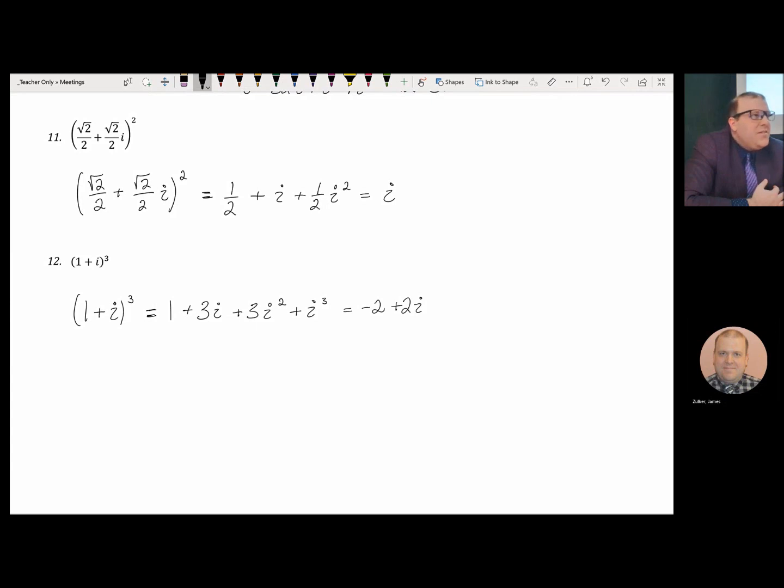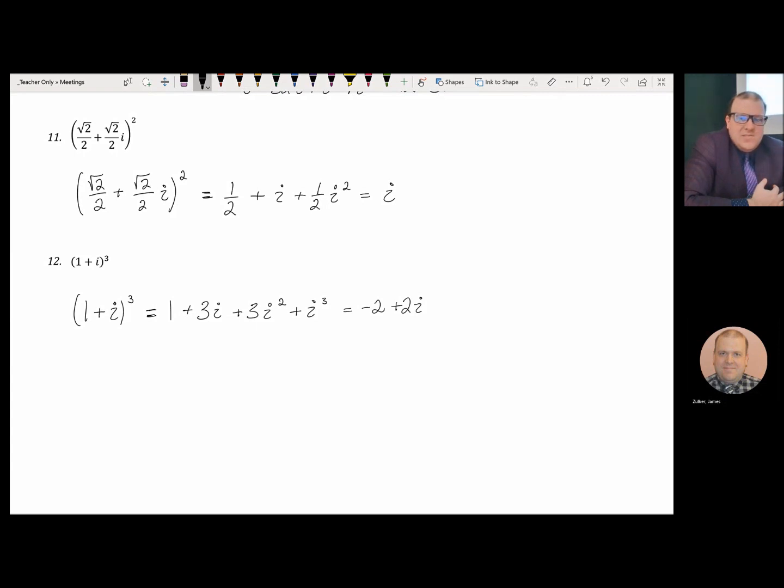What about negative i? Wait, what happened to the i cubed? That's negative i, right? So what's 3i minus i? 2i.